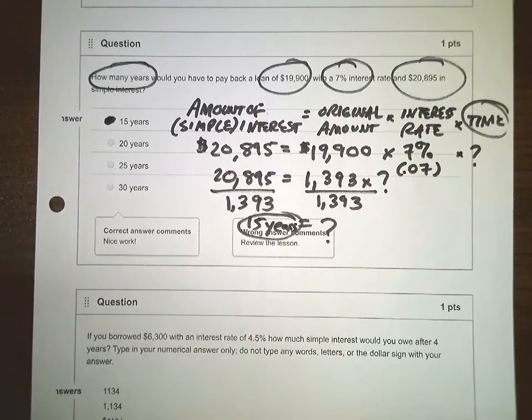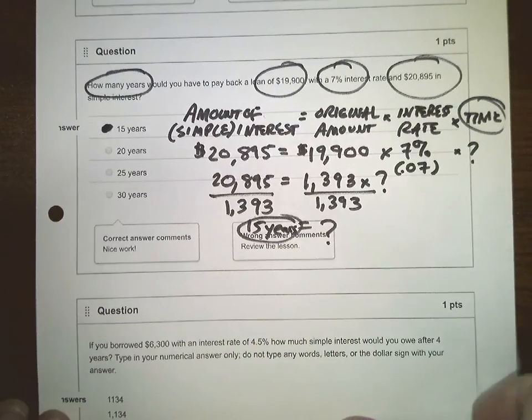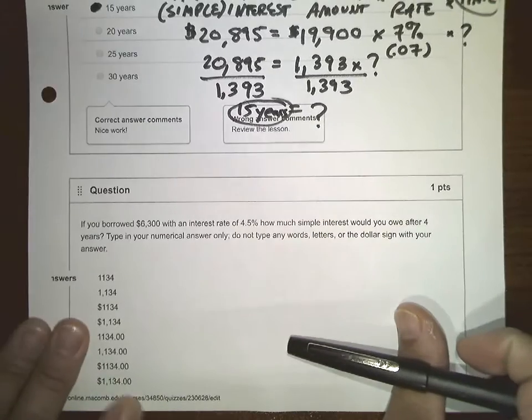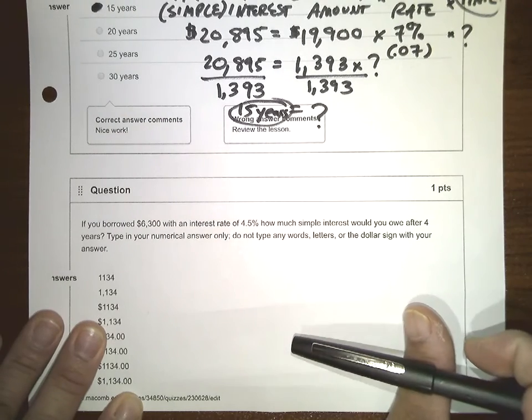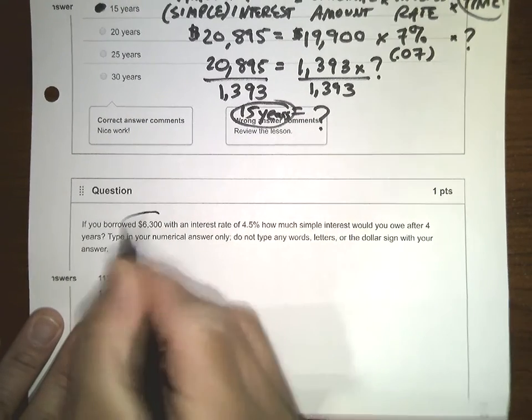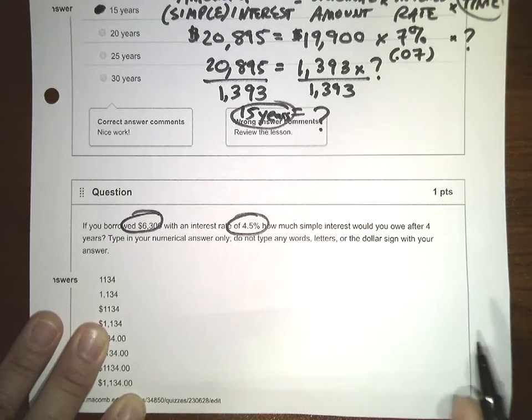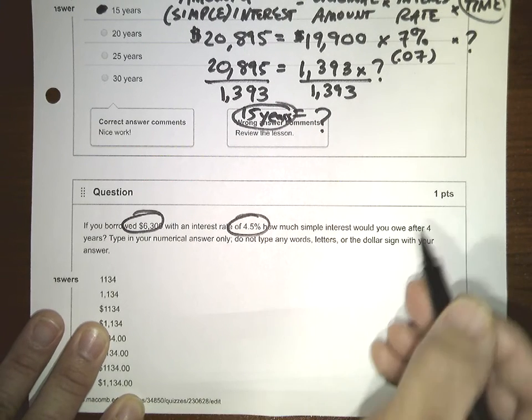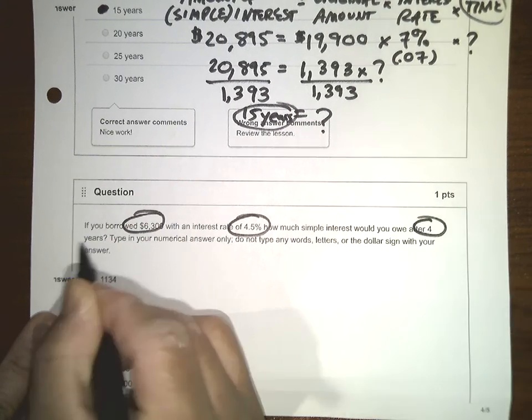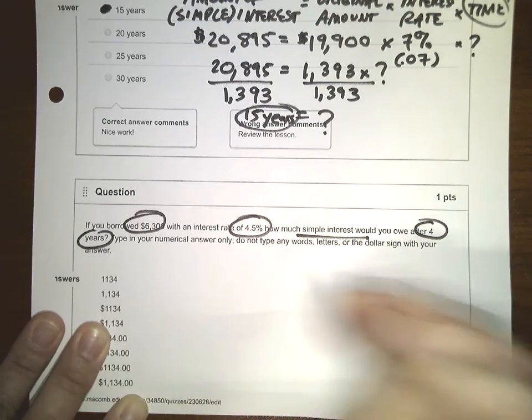All right, I hope that you're enjoying this because we're not done yet. So if you borrow $6,300 with an interest rate of 4.5%, how much simple interest would you owe after 4 years. So it wants to know how much simple interest would you owe.